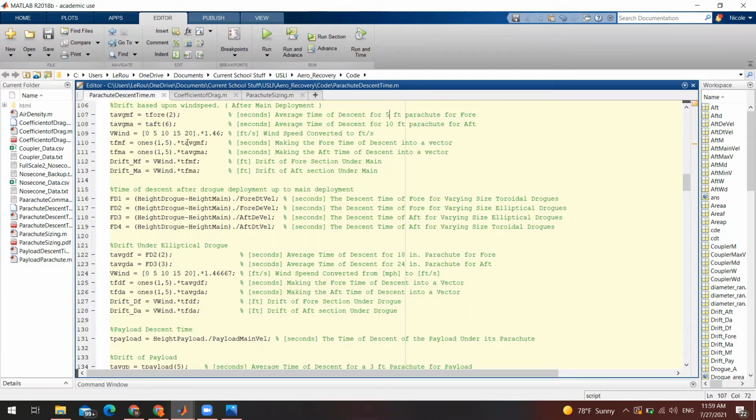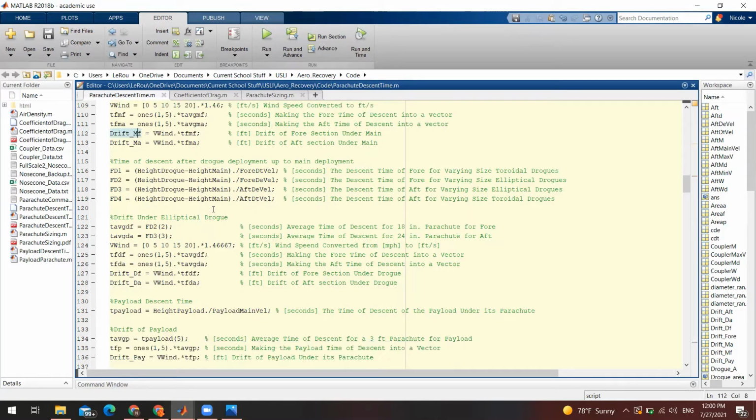We just have to convert this vector into a different direction, basically. So we're calculating this one descent time multiplied by all of these wind speeds to find what the drift is for all of those wind speeds.